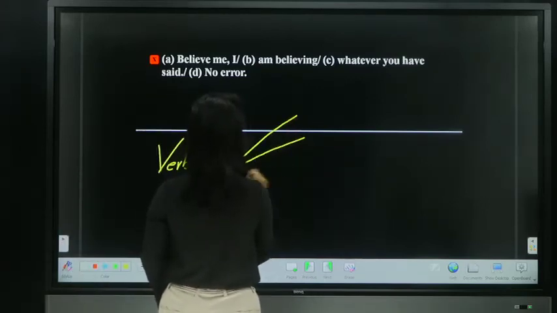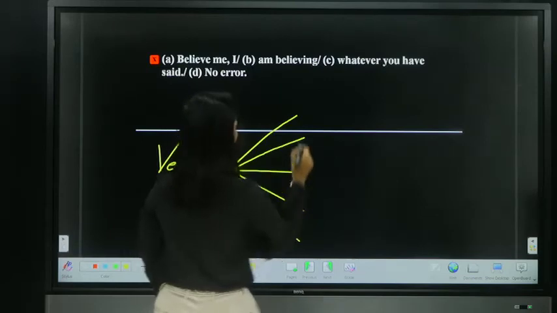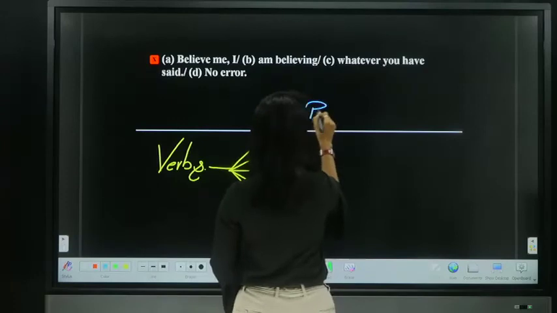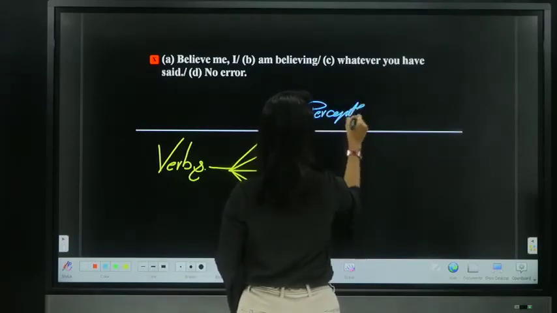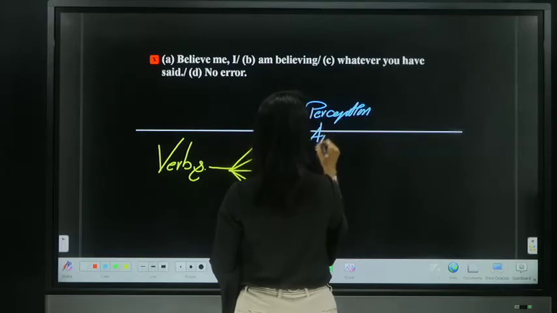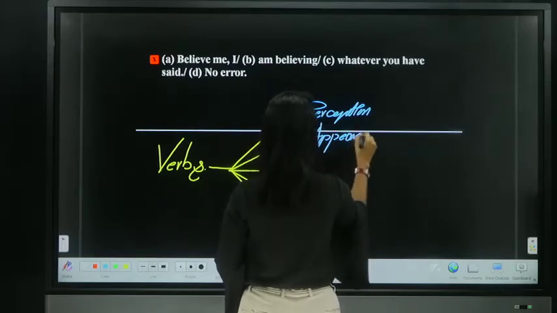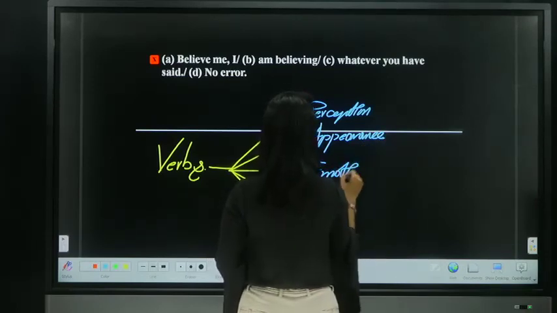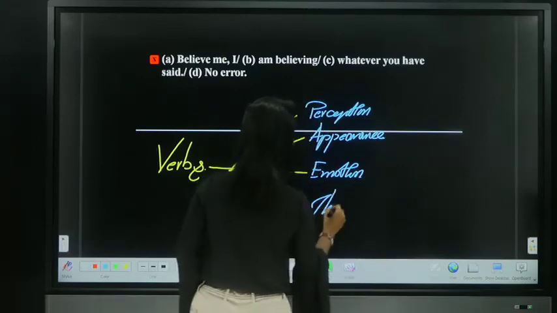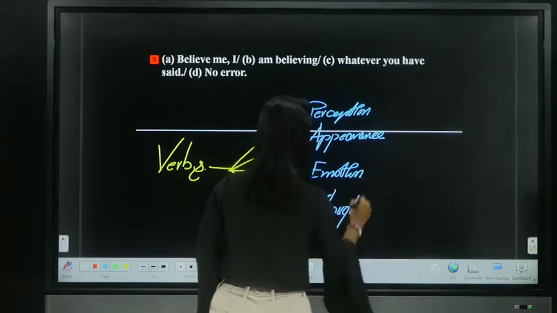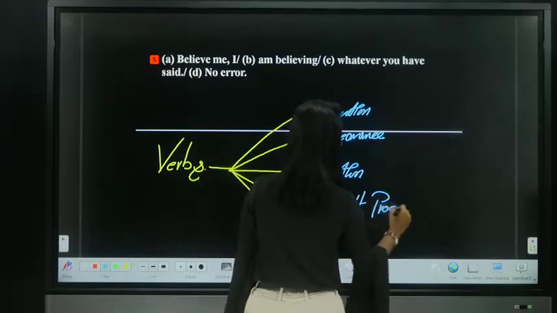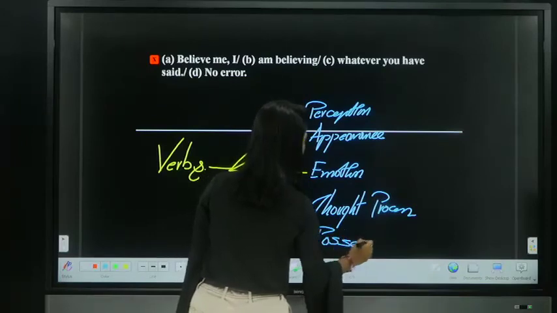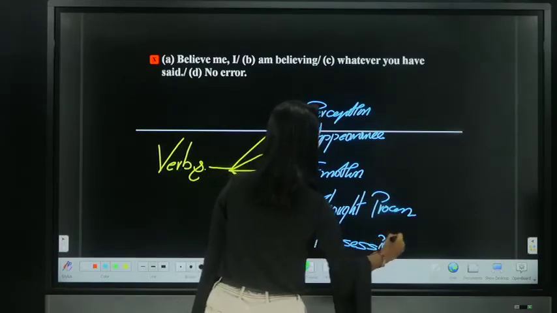Verbs of perception, verbs of appearance, verbs of emotion, verbs of thought process, and verbs of possession cannot be used in continuous tense, isn't it?